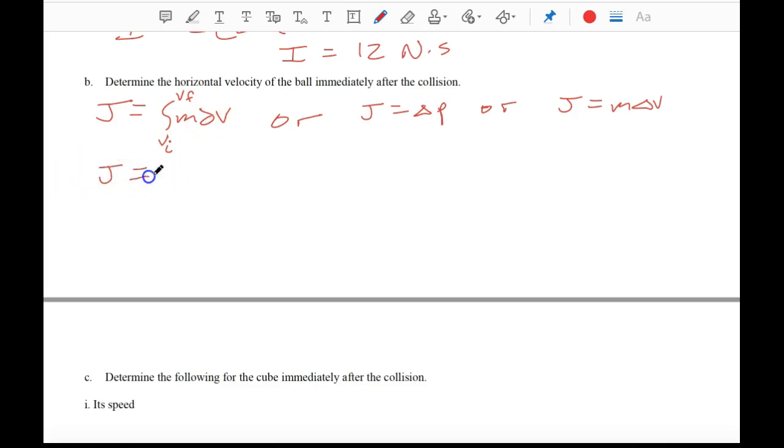At this point, we can say we've got the mass of the ball times the velocity of the ball final minus the velocity of the ball initial. Since the ball is at rest initially, we don't have to worry about this term right here. And then we're going to substitute and solve for the final velocity of the ball.